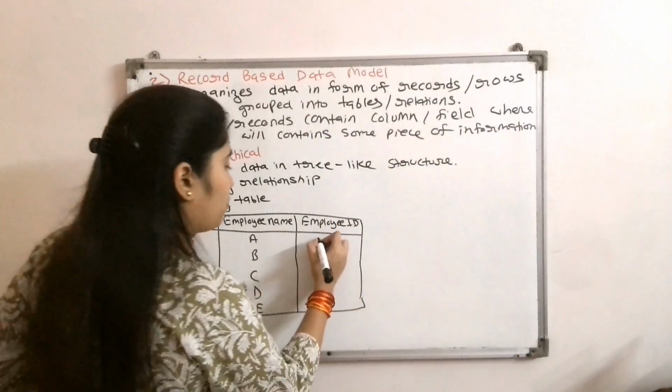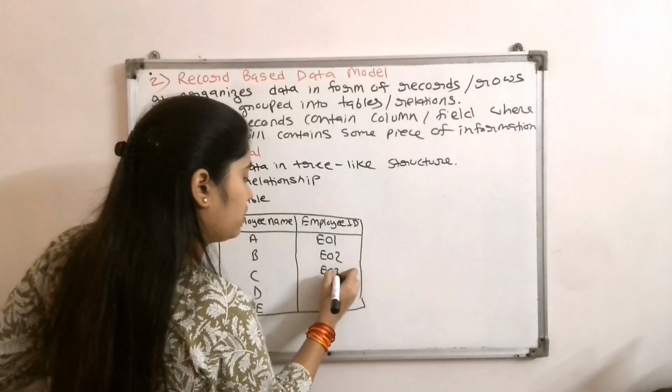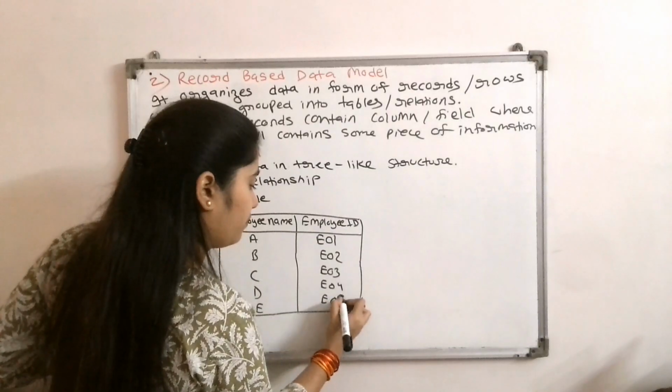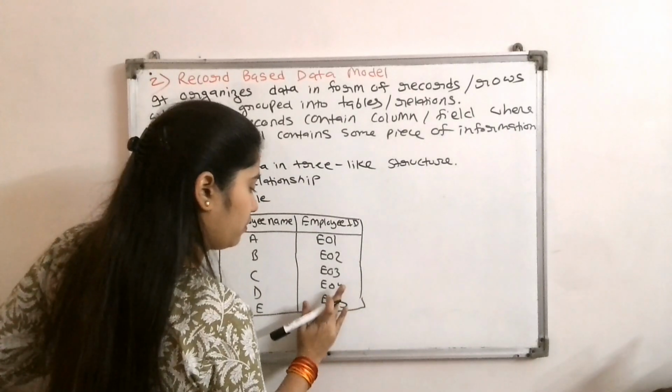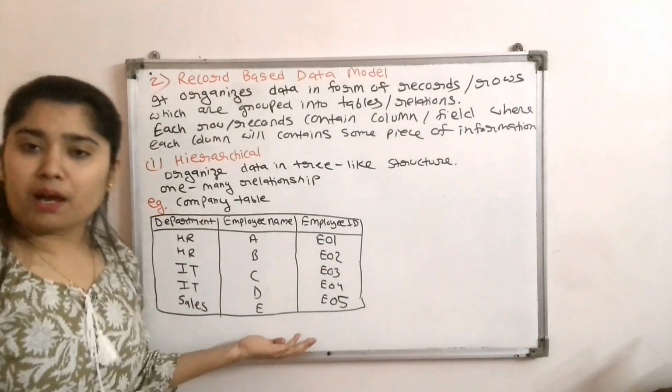Now, in employee ID, suppose E01, E02, E03, E04 and E05. So this is the data of the company.